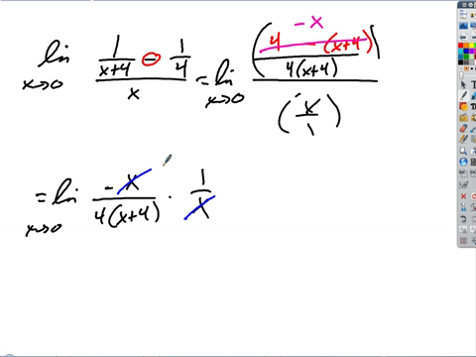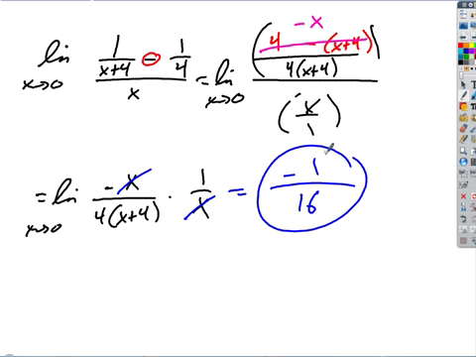Make sense? Now I can take my limit. On the top, I've just got a negative 1. On the bottom, as x goes to 0, I get 4 times 0 plus 4, which is 4.